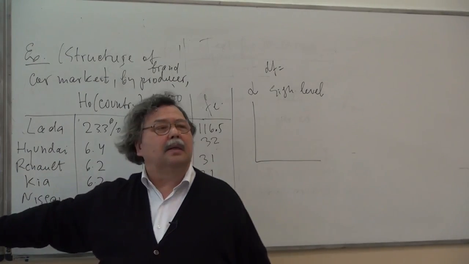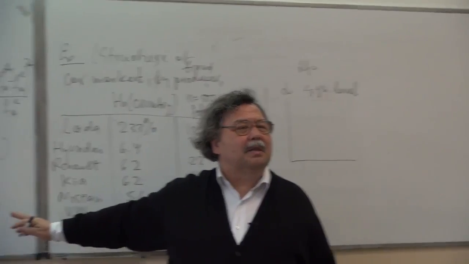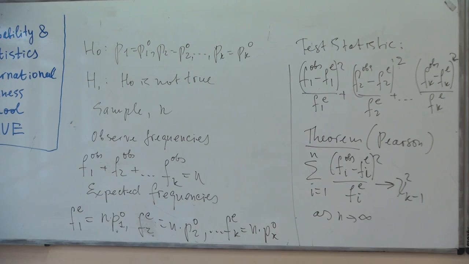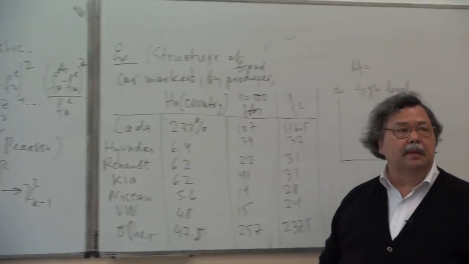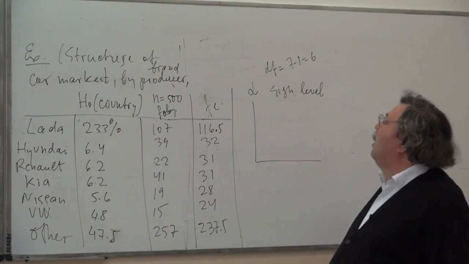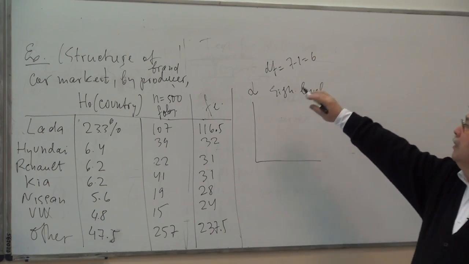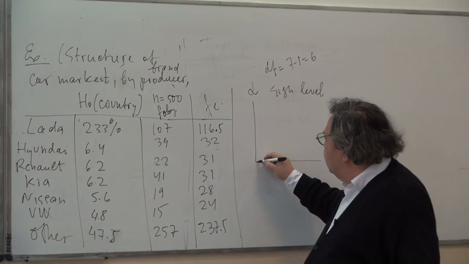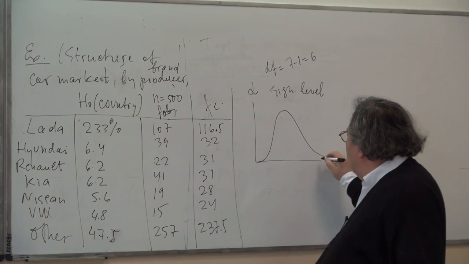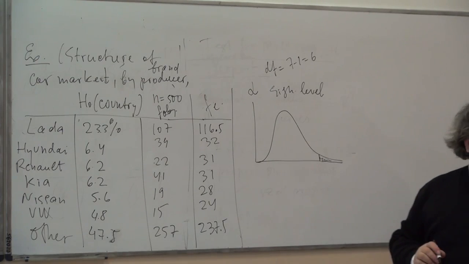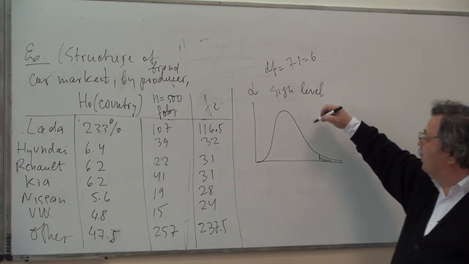As you remember, I corrected my own silly mistake. It's not n minus 1, it's k minus 1. And k is the number of categories, which here is 1, 2, 3, 4, 5, 6, 7. Okay? So here it's 7 minus 1, which is 6. All right. And for this value of df, we have a separate chi-squared distribution. We look at it, and we cut off a tail containing alpha.